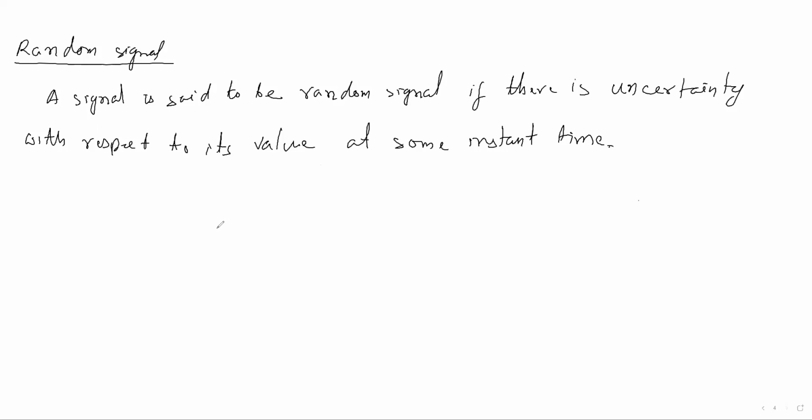We cannot say beforehand, or give a mathematical formula to an experiment like tossing coins or dice. So an example is the coin toss experiment, or you can say a noise signal. For all noise signals we cannot define or give a mathematical equation.